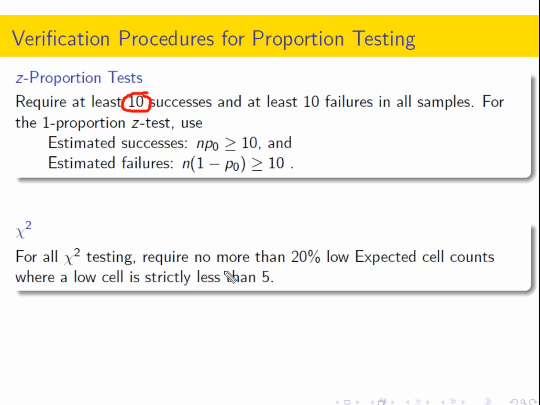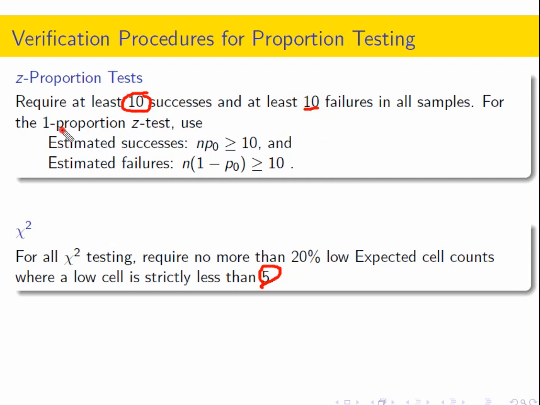Chi-squared was throwing up an error message, if you recall, because we only had 4 successes and 4 failures. So sample size matters. That's what these verification procedures are about. Generally speaking, we're just going to require 10 failures and 10 successes in all our samples for Z-proportion tests.